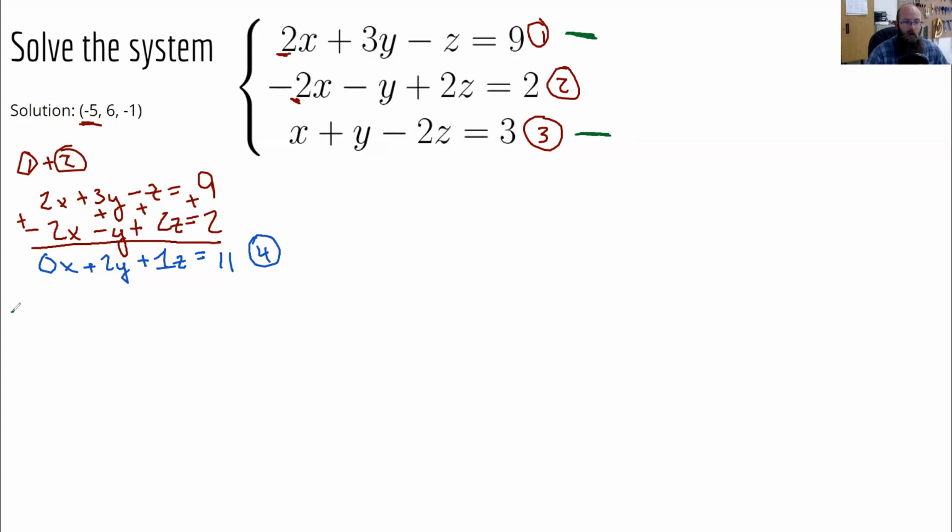That means I'm taking equation 3, and I need to multiply it by 2. And that gets me 2x, 2y, minus 4z equals 6. Then I'm going to have equation 1, and I'm going to put a big negative out in front, and I'm just going to write down exactly what equation 1 says.